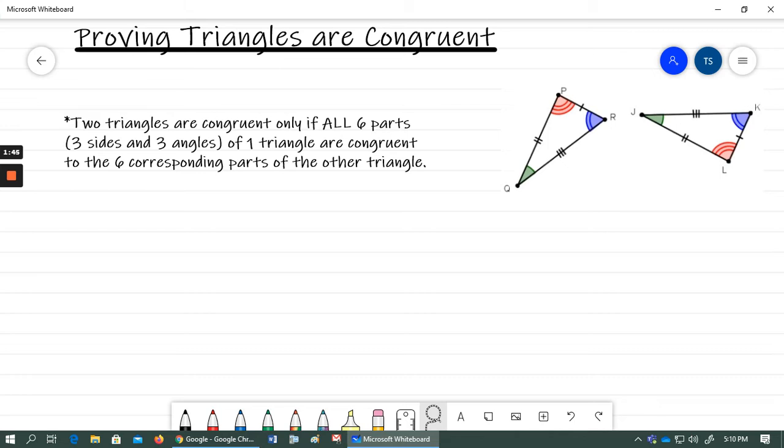So if all 3 sides of one triangle are congruent to the corresponding 3 sides, and all 3 angles in one triangle are congruent to the 3 corresponding angles in the other triangle, all 6 parts, then we've got ourselves 2 congruent triangles.